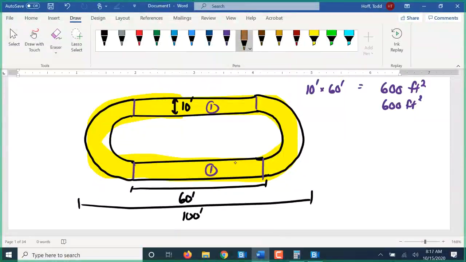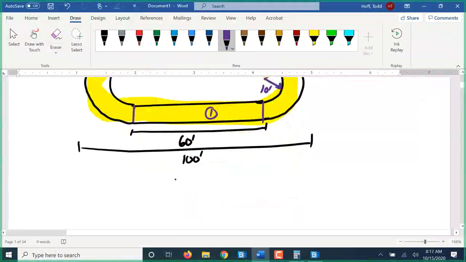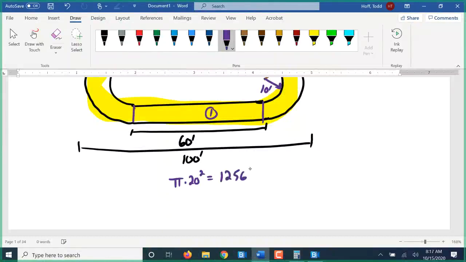Next, we know that this radius here is 20 feet, and the inner radius here is 20 minus 10, or 10 feet. So what we're going to add to that is going to be a circle that is pi times 20 squared, which is 1,256 square feet, minus the inner circle that is pi times 10 squared, 314 square feet.